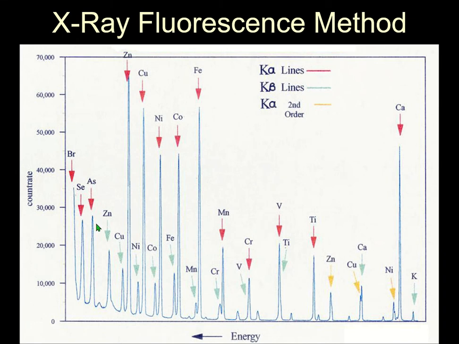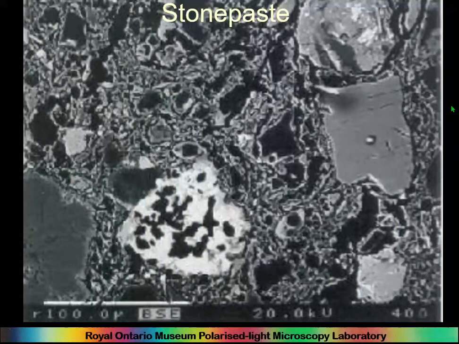And sometimes there'll be a number of lines for which of the electron rings it fell in from. So that's how X-ray fluorescence works.